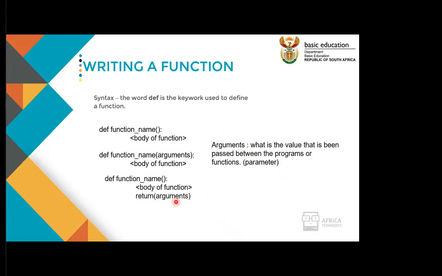This return statement has an argument. That means now you are also going to send back an answer. And if you remember, that's what the input box does for you. It gives you the answer that the person using your program has inputted.